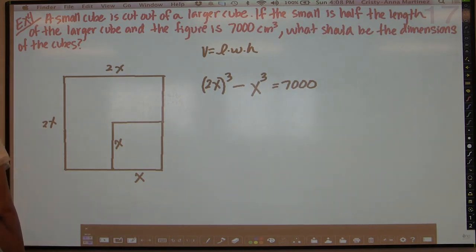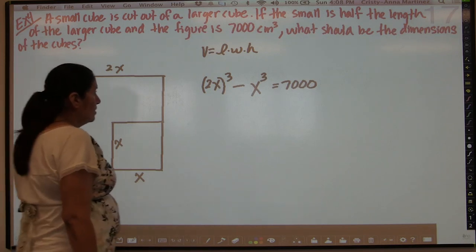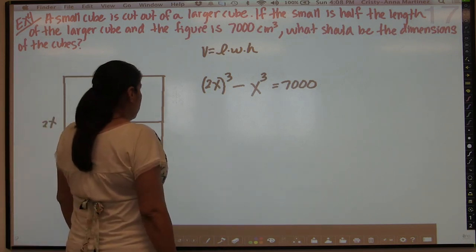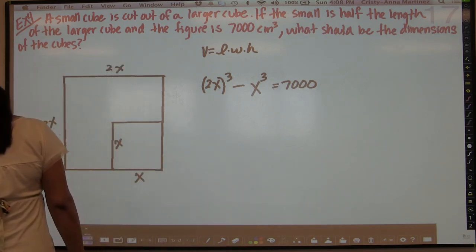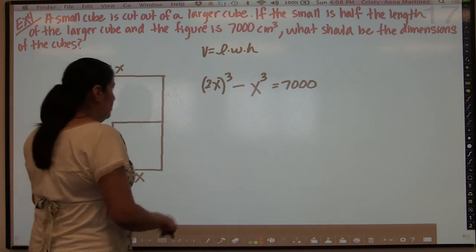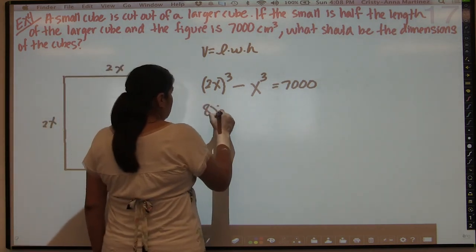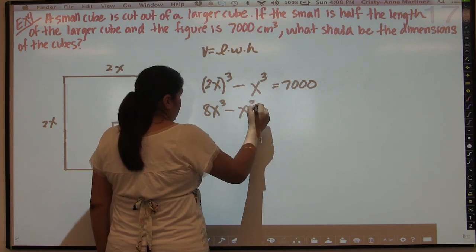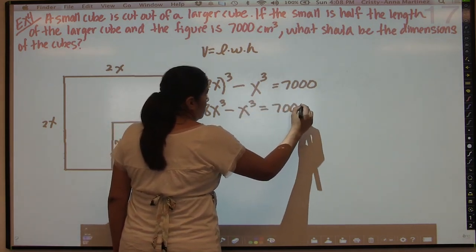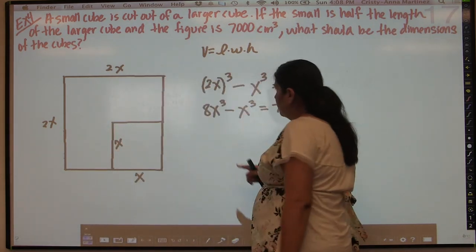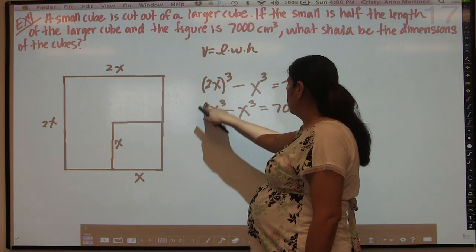And then basically we just need to solve the problem. So we're going to get, let's see here, 8x cubed. Sorry, I had a little brain fart there. 2 times 2 times 2 is 8, so 8x cubed.